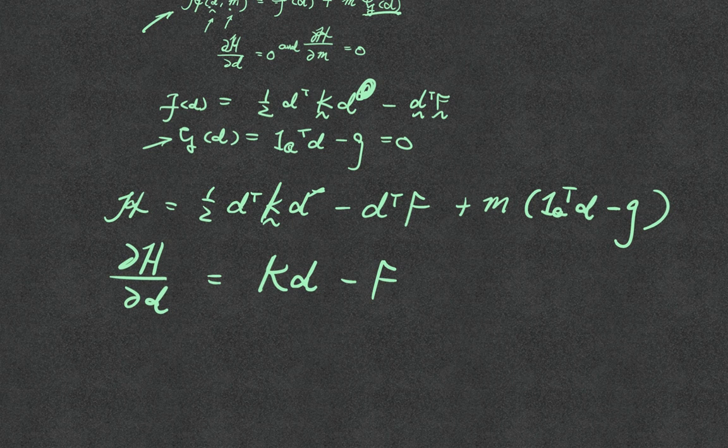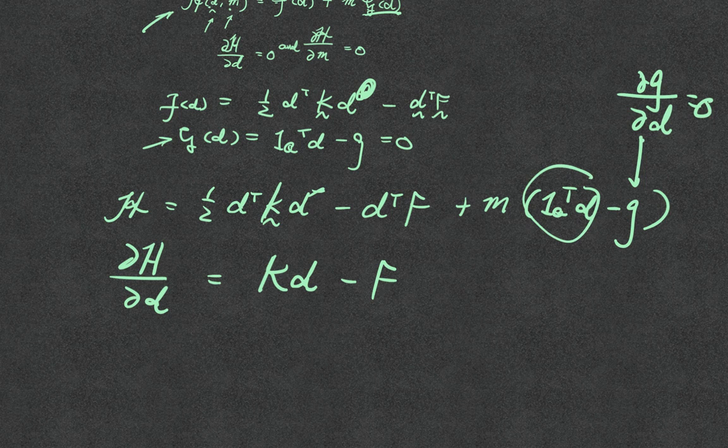Now I have the new extra term that doesn't appear before, so what would that be? G is a constant. So when I take the derivative, the G corresponding to D will be cancelled out because G is a constant, it doesn't depend on D. So this is equal to 0.